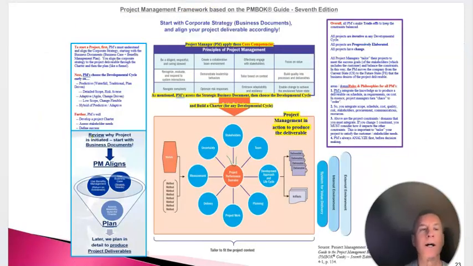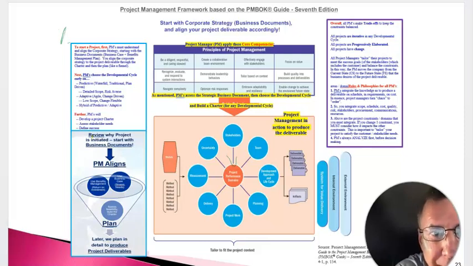This slide is only meant as a one-stop shop summary of just about everything we've talked about so far. So what I do is, and I mentioned this in the pre-course lecture that I offered, the short lecture, start just here, right? And know that right at the very beginning, the project is going to want to align corporate strategy.